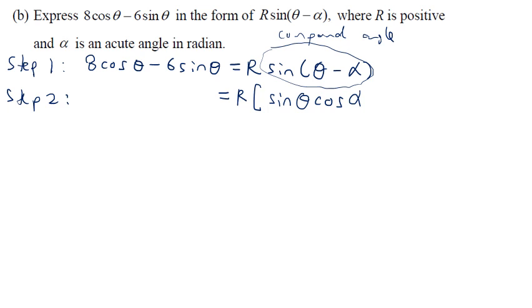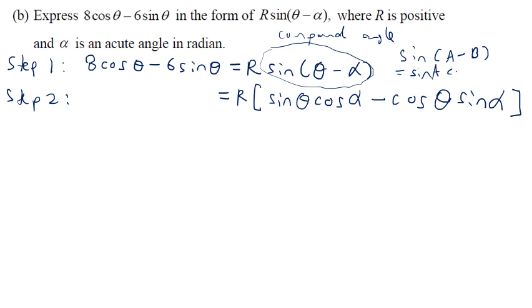So sin theta cos alpha minus cos theta sin alpha. I write the formula here if you already forgot: sin A cos B minus cos A sin B, right? So this is the formula that we use, step number 2.